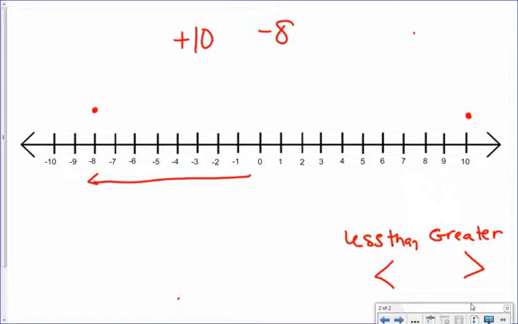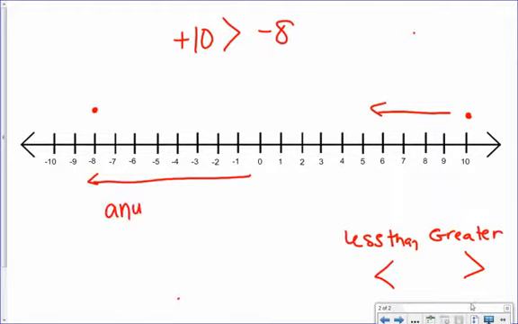Okay, so any number that's to the left is going to be the smaller number in essence. Negative 8 is to the left of 10, so it's always going to be less than 10. Anything that is to the left, let's make a note of that.